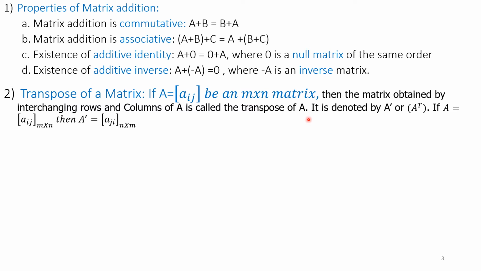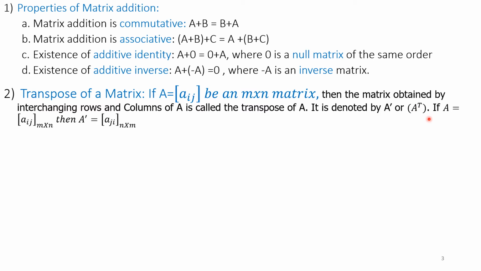That means, if in a matrix you interchange the rows by columns, then it is called the transpose. It is denoted by the letter A dash, or in some books they write it as A to the power of T, A superscript T.